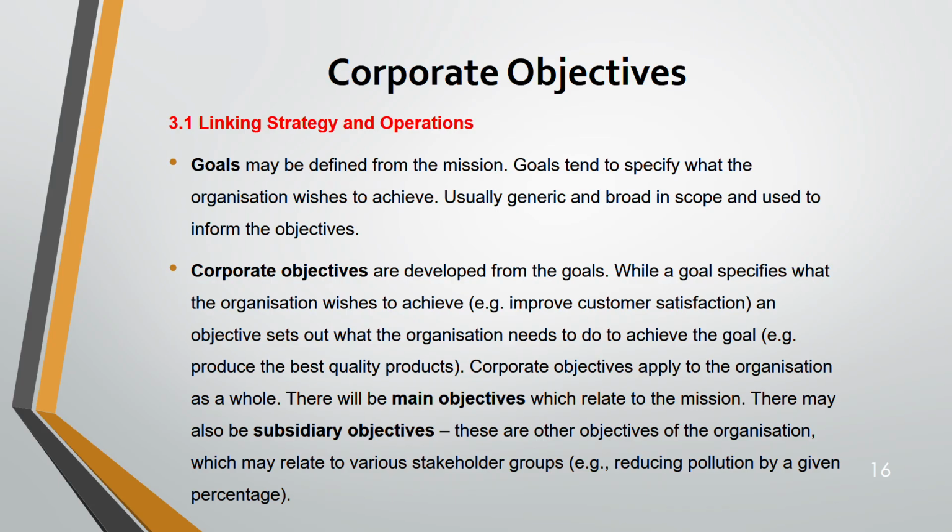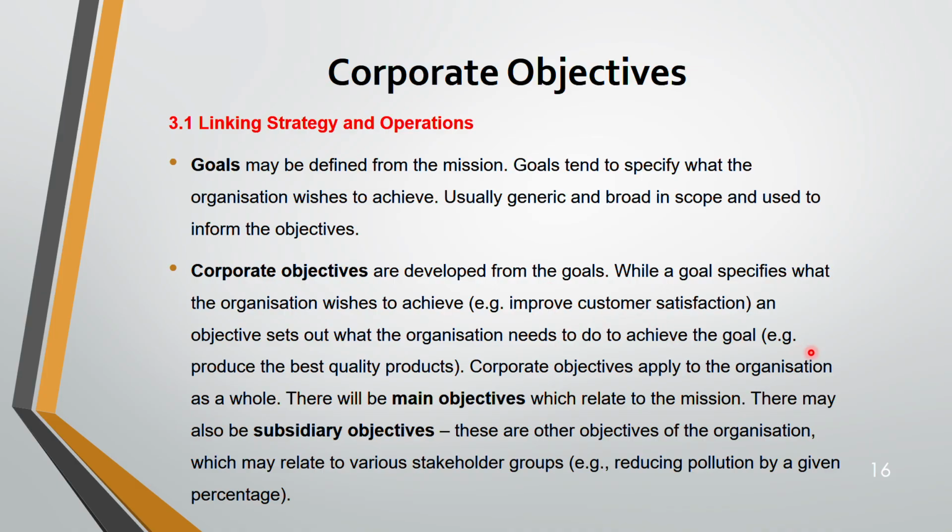Next, corporate objectives. Corporate objectives are developed from the goals. From mission we develop goals, from goals we develop corporate objectives. They are linked. While a goal specifies what the organization wishes to achieve, let's say their goal is to improve customer satisfaction, the objective will set out what the organization needs to do to achieve the goal.